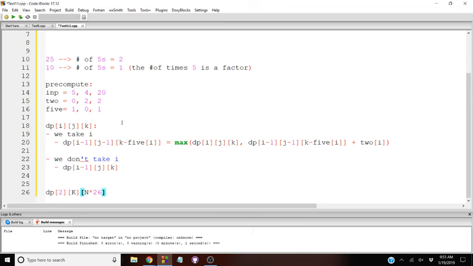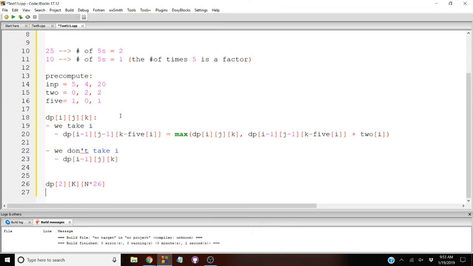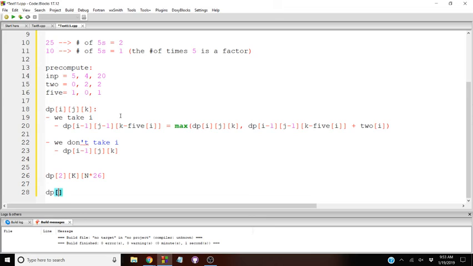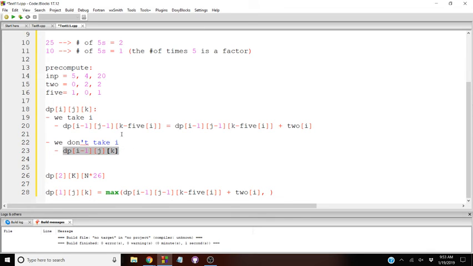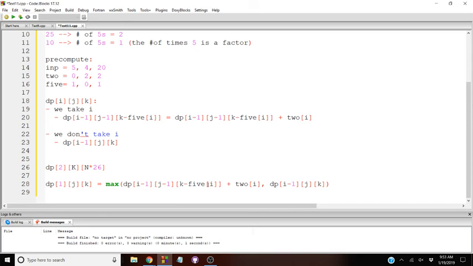Declare an array like this. And then we say dp[1][j][k] equals max of we take I and we don't take I, right? And just loop through all of that.